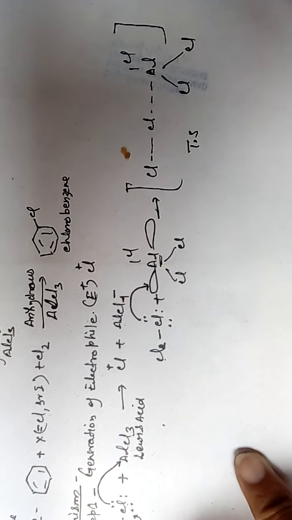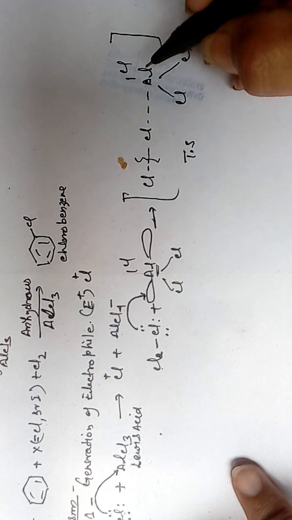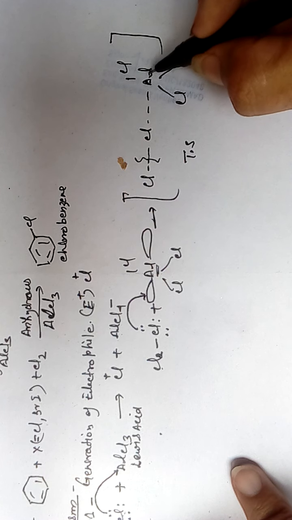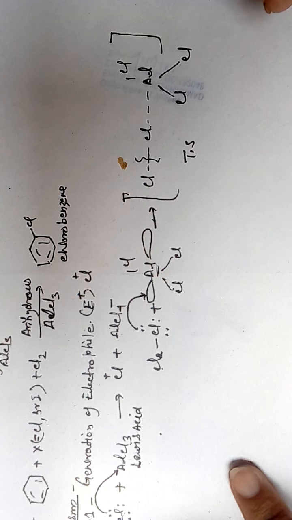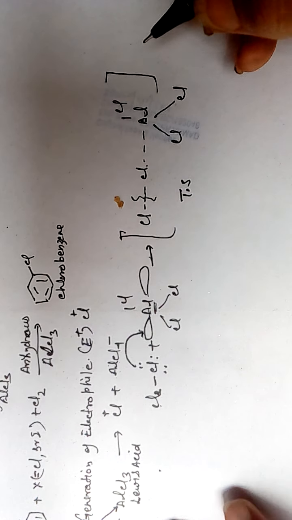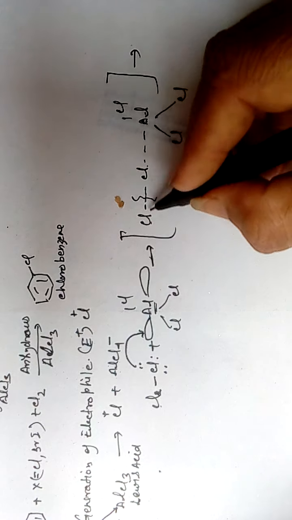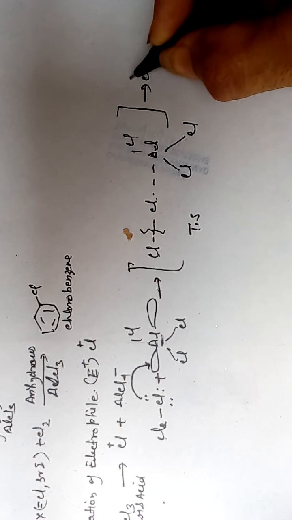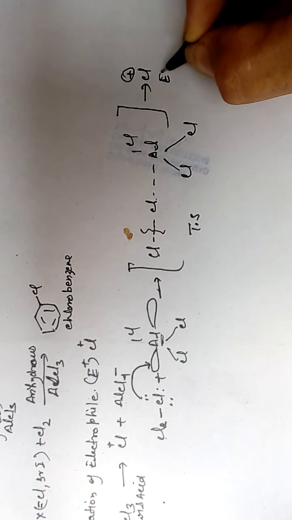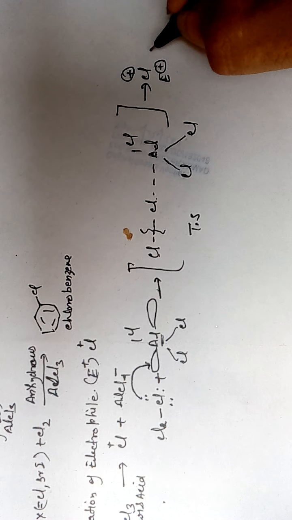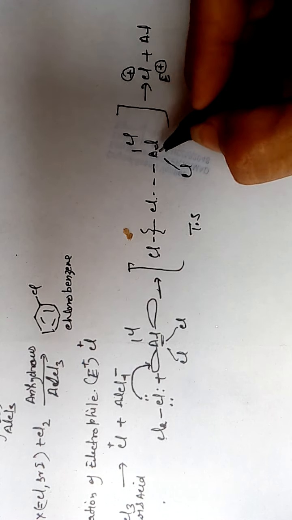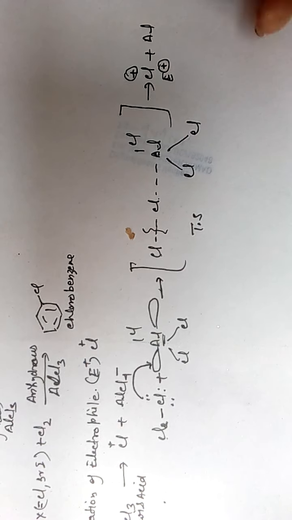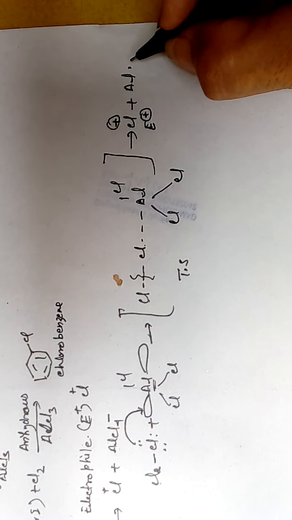This bond is broken from here and the bond between aluminum and chlorine is formed. At the last, this bond is broken and it forms Cl positive. This is the electrophile, and AlCl4 minus is also formed here.